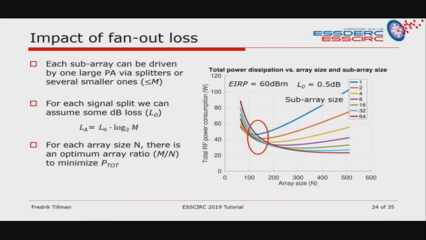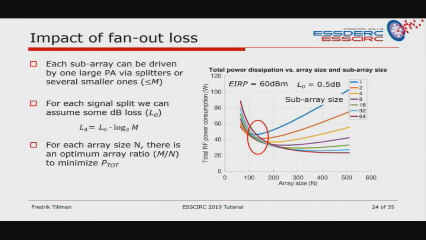But since one transceiver will feed multiple patches, you will have a split fan-out loss in the system. And then you realize that the larger the subarrays you have, the more you need to split the signal, the larger the loss will be. And when you introduce this parameter in the antenna array, you can no longer say that the larger subarray is better from a power perspective.